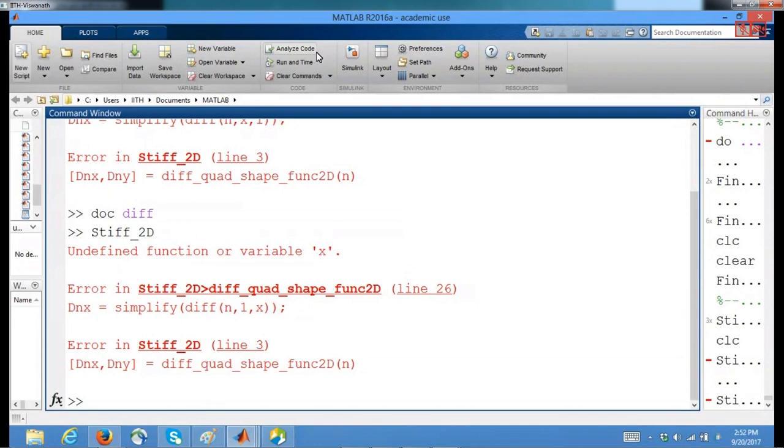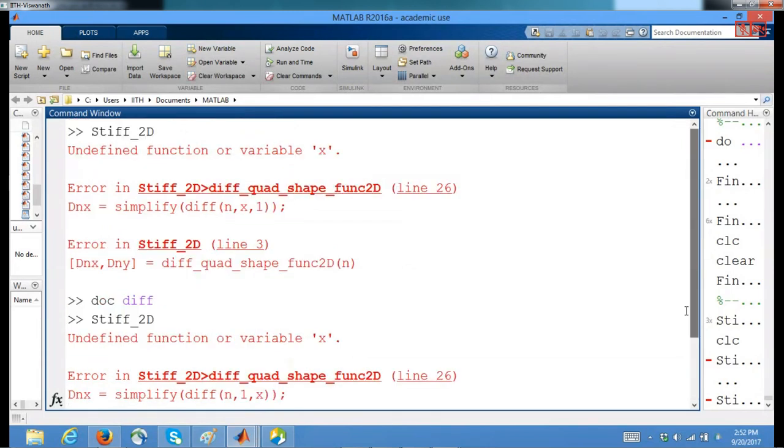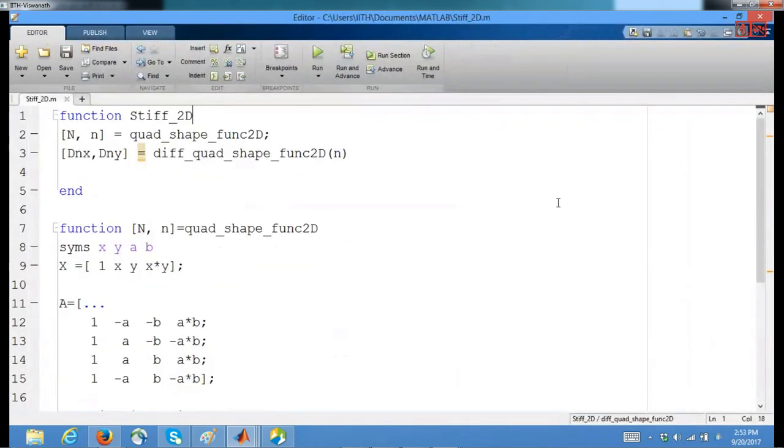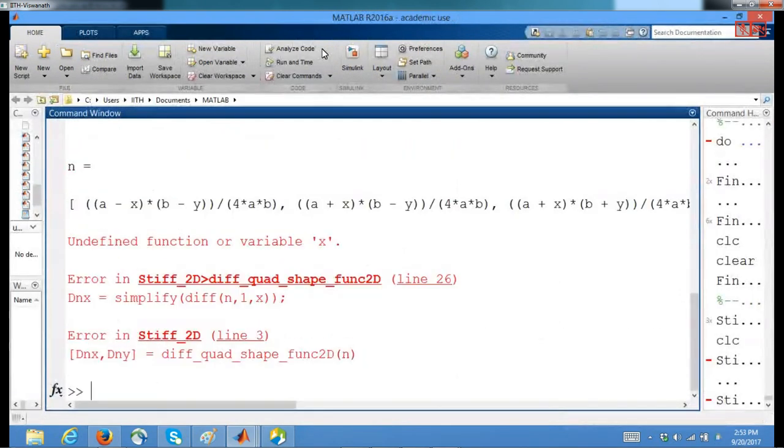Let me just see what is happening. Let me take this expression.